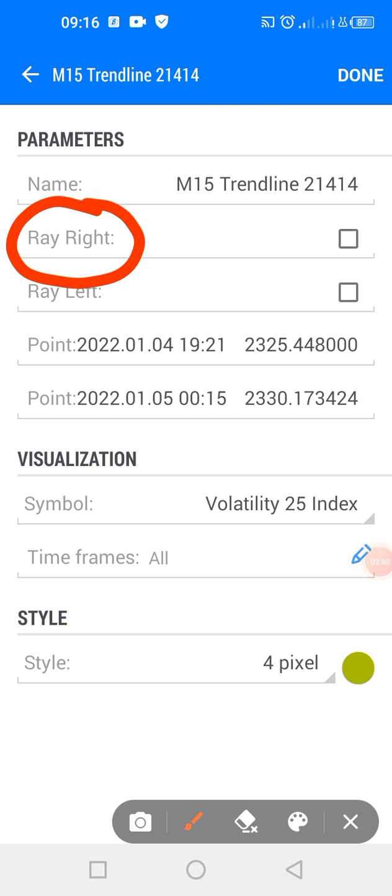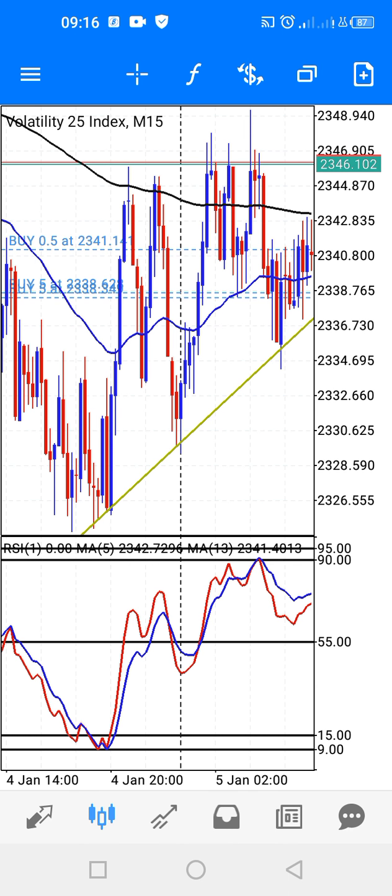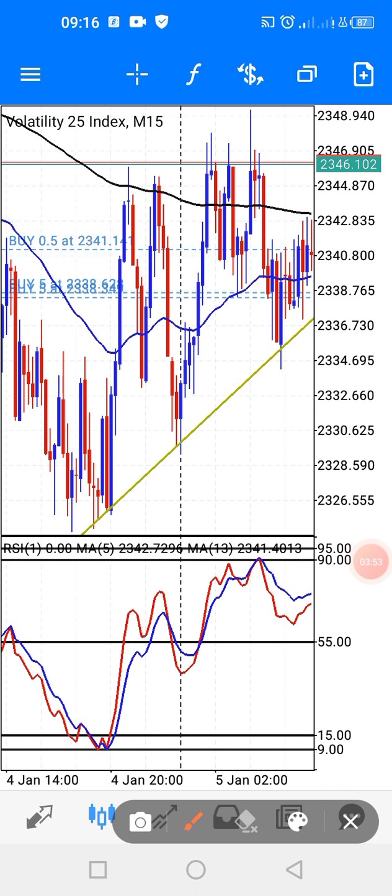Ray right and ray left. What you just have to do is highlight the two buttons. Once you highlight it, boom, the trend line will expand both left and right.